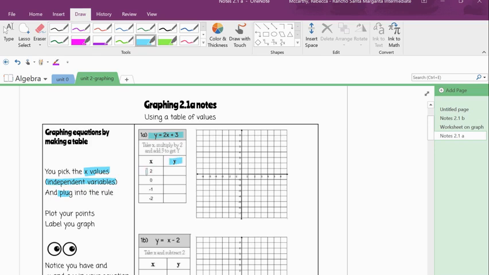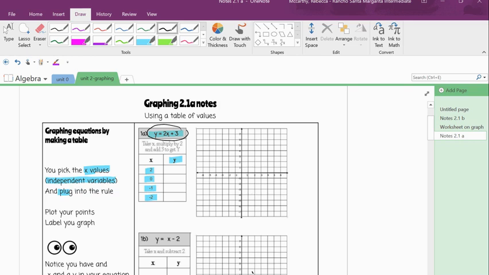When I have chosen these, again, these are my x values and these are independent, but as you create your tables, you get to pick which x values. So here's my x number, and I'm going to apply it to my rule, which says y equals 2x plus 3. So every time I see an x, I'm going to replace it with a 2, multiply it by 2, and then add 3.